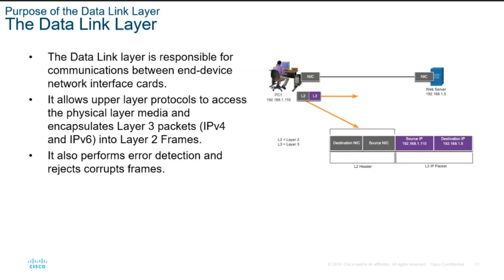So it allows upper layer protocols to access the physical layer media and encapsulates layer 3 packets. So sa layer 3, na-encapsulate na packets or IP into layer 2. Layer 2 naman ay yung frame.